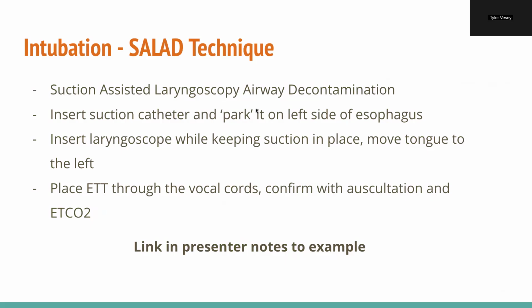And we're going to continuously suction as we are visualizing our landmarks. Once we find it, we're going to follow our regular intubation procedure, passing through the vocal cords, confirm with auscultation and end-tidal CO2. These are great in crash airways, or anything that has a lot of vomit in it, blood, anything like that.